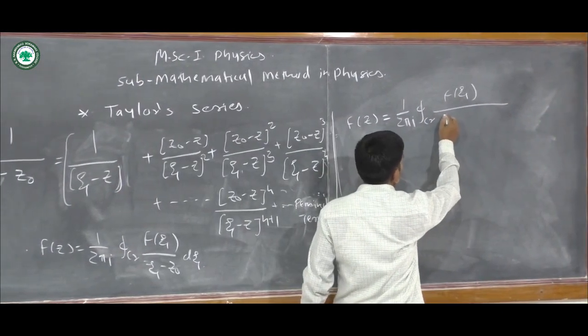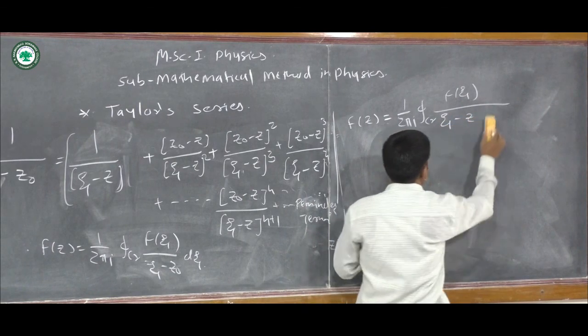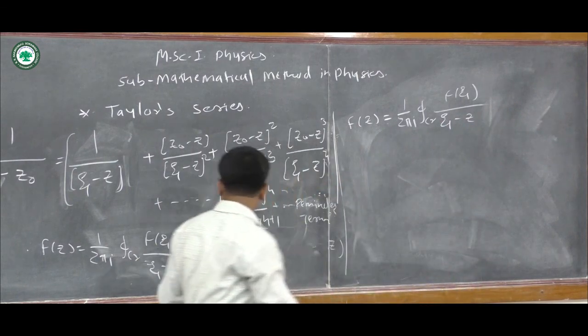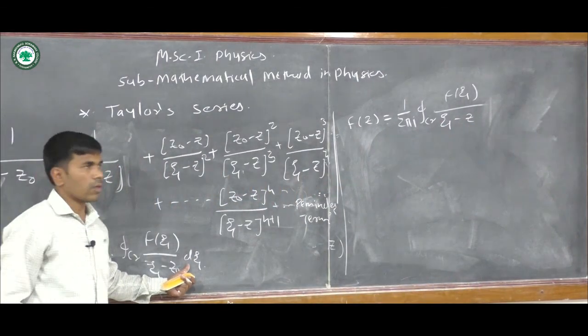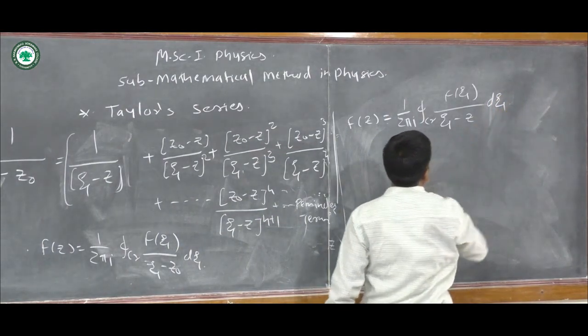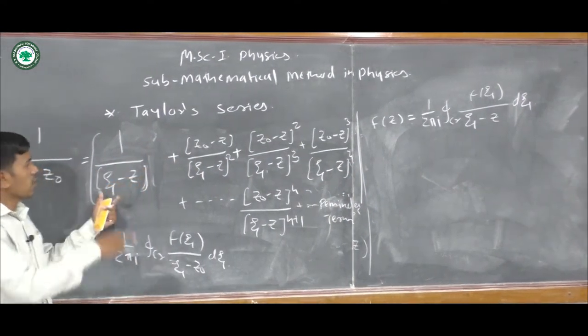So it is psi minus z for the first term, and from these things is multiplied, so that is d psi. Okay, so this is for the first term.